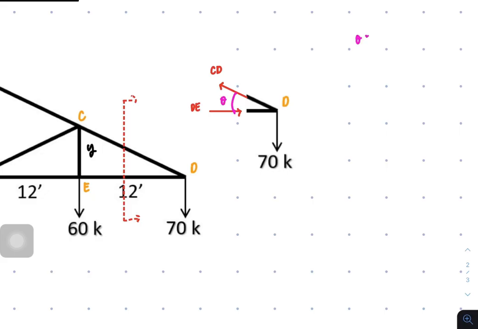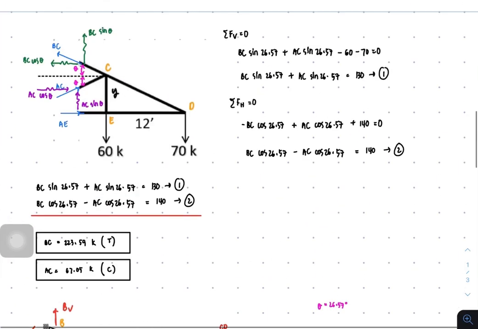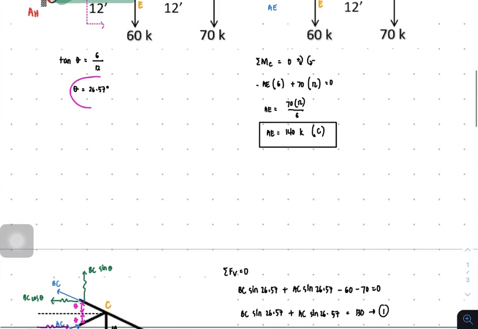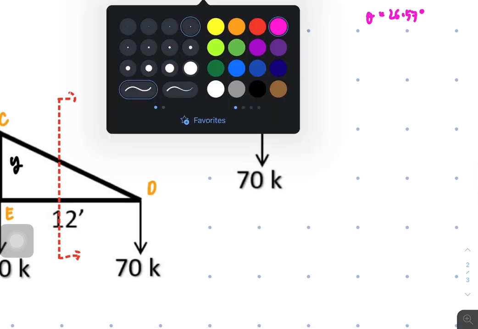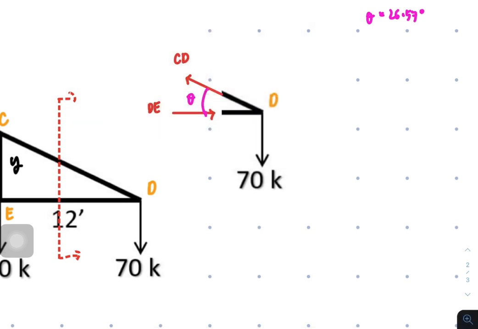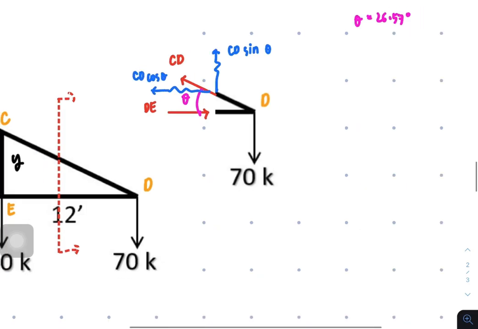So theta is 26.57. So let's now get the components. The component for CD, here, this is in tension. So CD sine of theta, and this one here as CD cosine of theta.